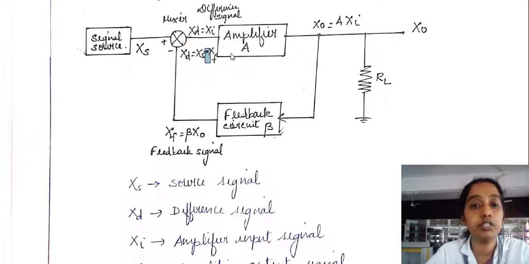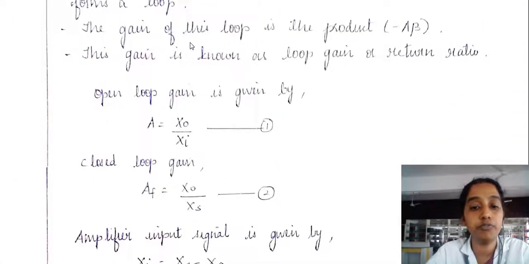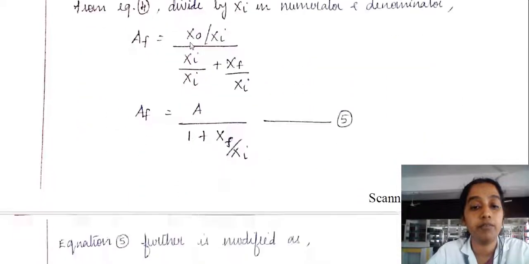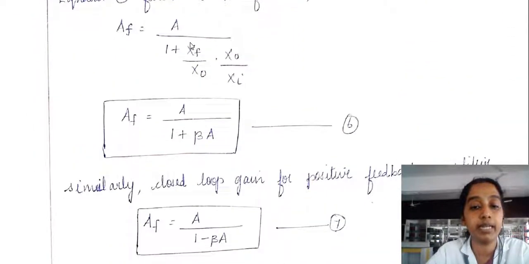So for positive feedback, I get the closed loop gain AF equal to A by 1 minus beta A, and for negative feedback I get A by 1 plus beta A. So note down the operator here. For negative feedback, I get a positive sign, and for positive feedback I get a negative sign here.